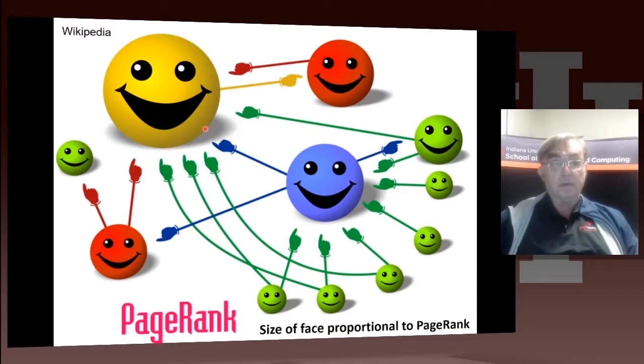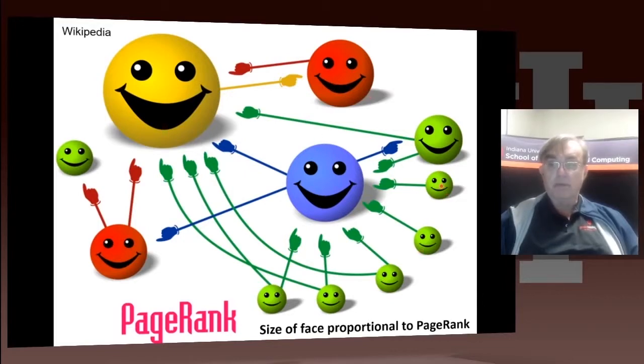Here's an example from Wikipedia of pages. Each happy face is a page. We have pages here which point to other pages, either to this yellow page or this blue page, and these pages here are not pointed to by anybody.